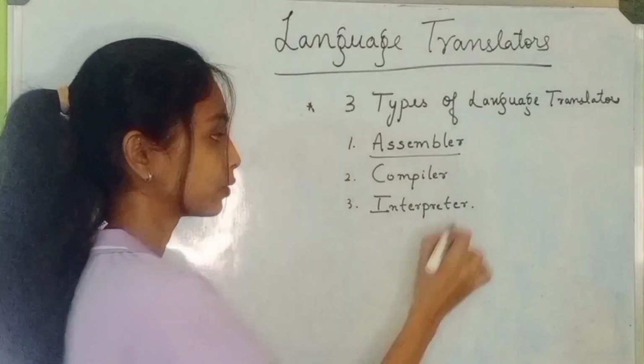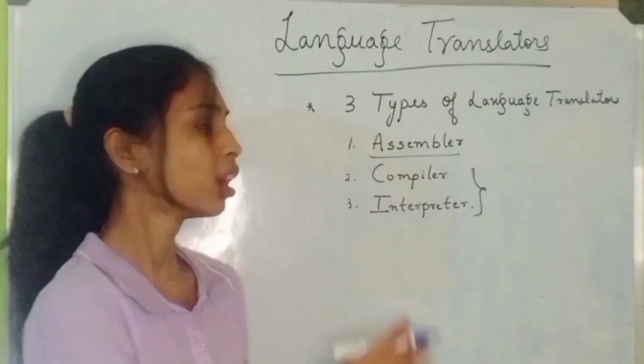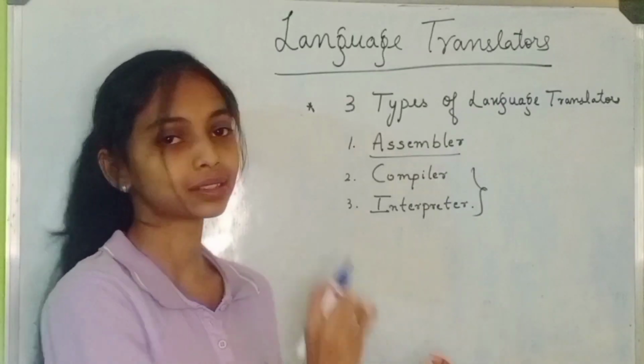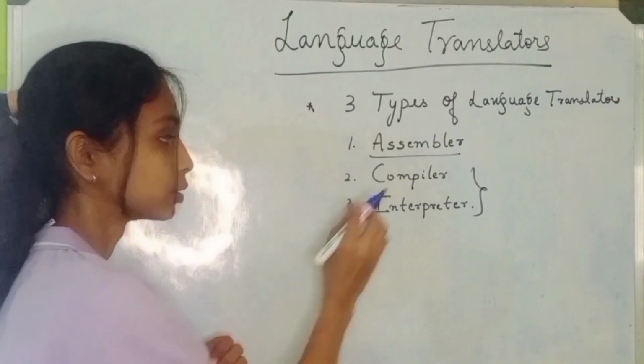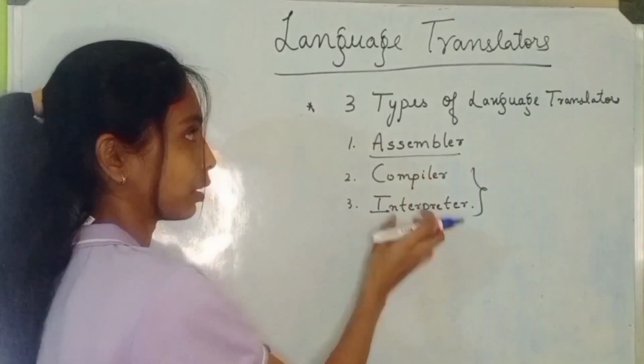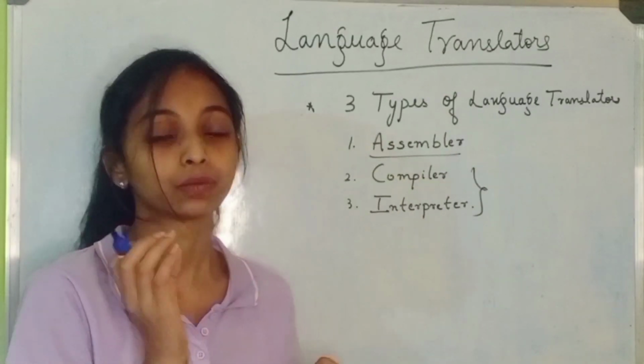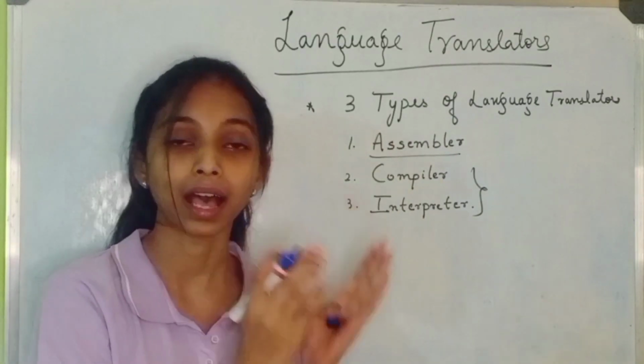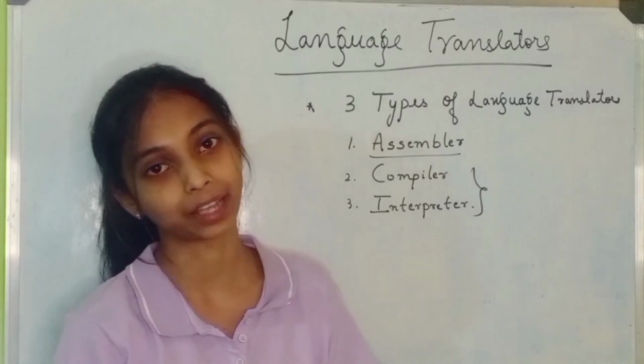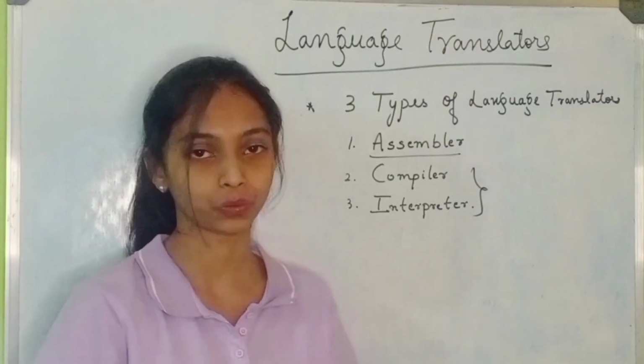And we also have this compiler and interpreter. What is this compiler and what is this interpreter? So this compiler and interpreter are the language translators which is used to convert the high-level languages into the machine languages, that is the source code, into the object code.